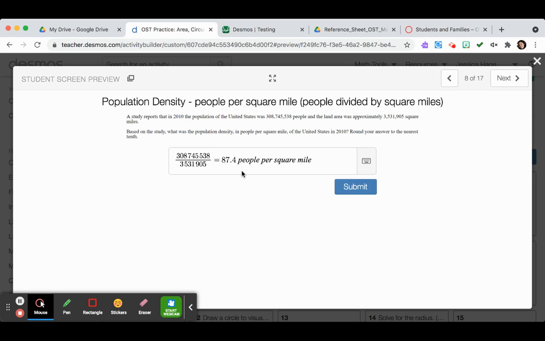And just to point it out, if you're ever given people per square mile, okay, and you want to go the other way, you could do a multiplication.